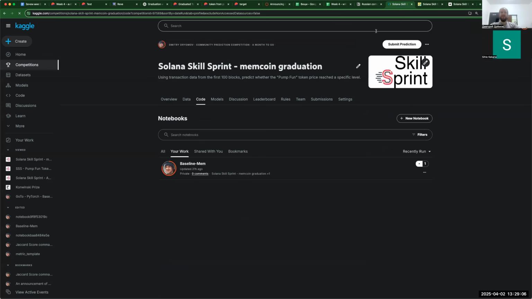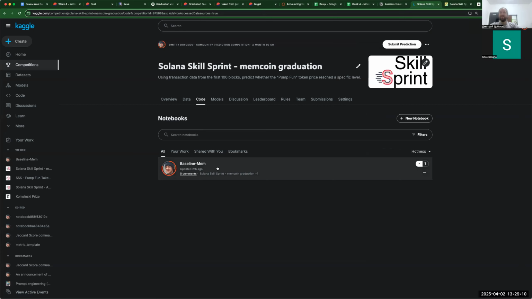So here, I will go through this because I think the baseline is important. Let me see what's in the text. I can see the change. Okay, it's good. This is a baseline for those who are in machine learning competitions.